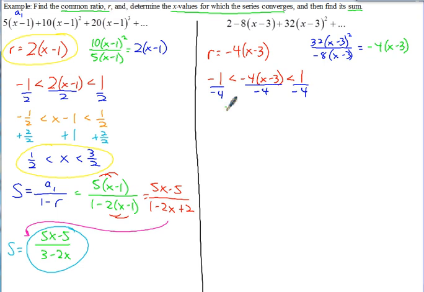The -1 divided by -4 is positive 1/4. Remember, when you divide by a negative, you have to flip the inequality sign. In this case, there's two of them, so it becomes greater than. Now we're just left with x minus 3 here, and that's greater than -1/4. And then you can add 3. But since these are in fourths, let's get a common number. 3 is the same as 12/4, so it's like adding 12/4.